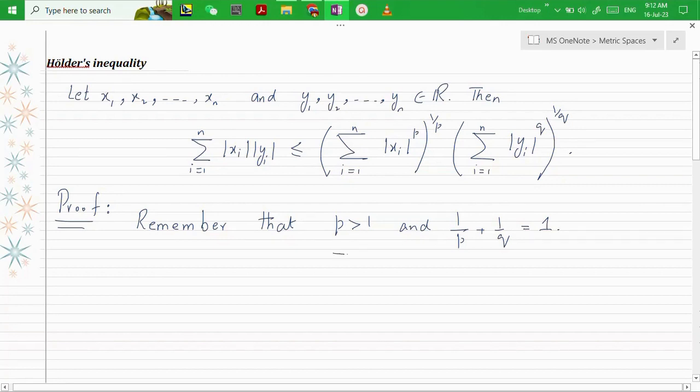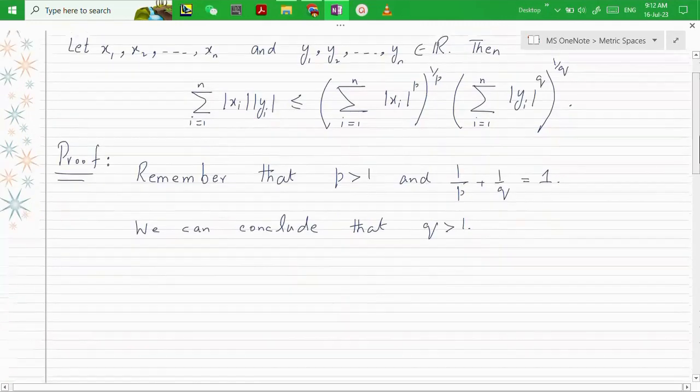So by these conditions we can conclude that q is greater than 1. So here are the conditions on p and q.